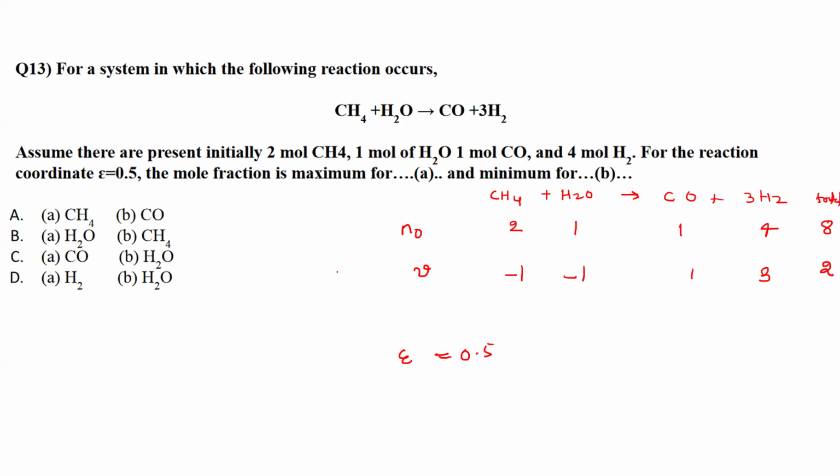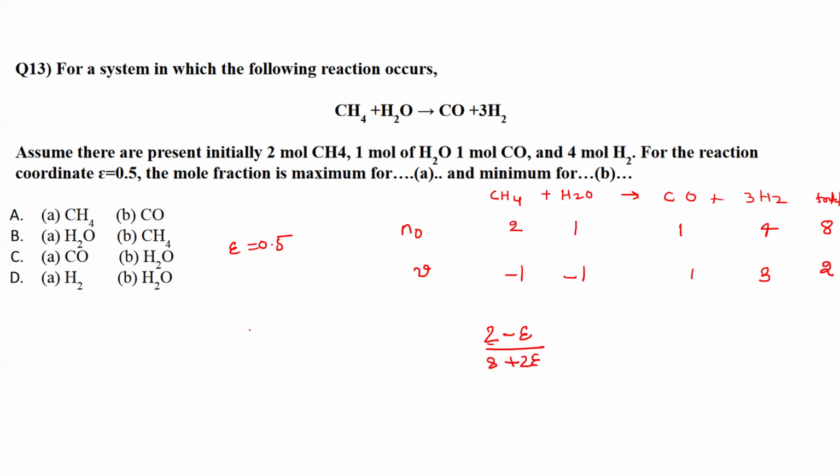So, if I compute the mole fractions, for CH4 it will be 2 minus epsilon by 8 plus 2 epsilon. So how 8 plus 2 epsilon is coming: N naught total is there, right?